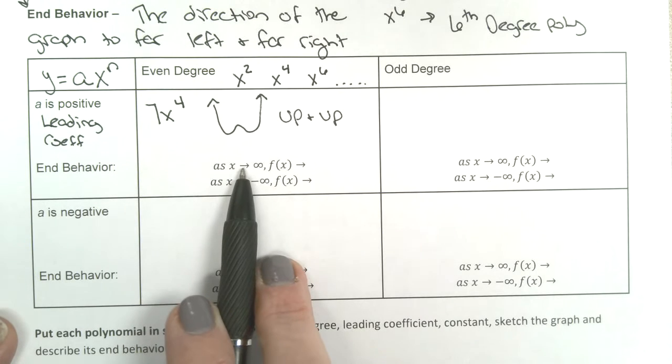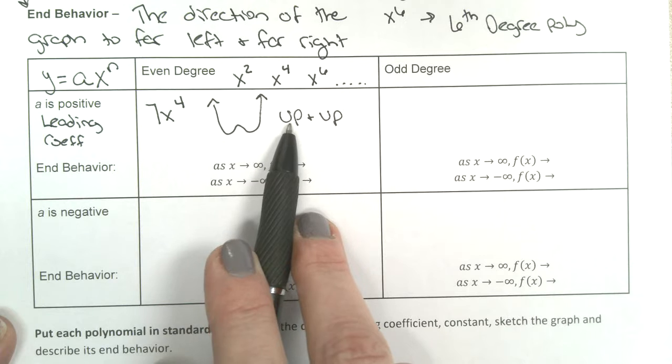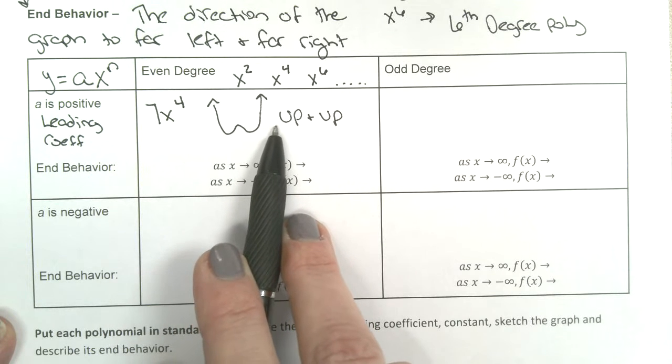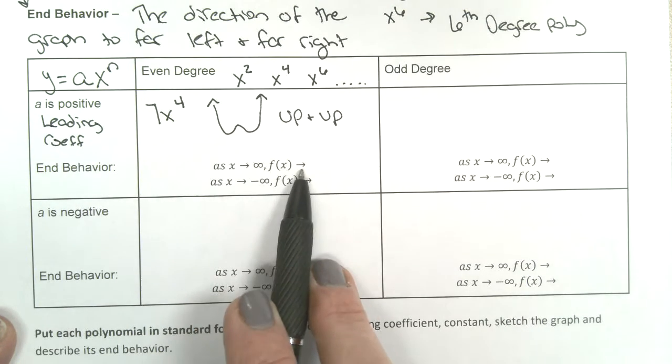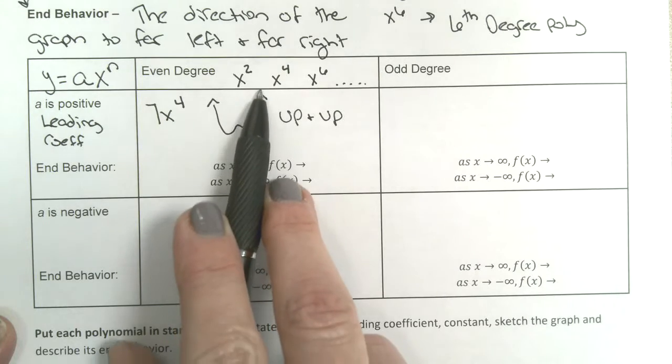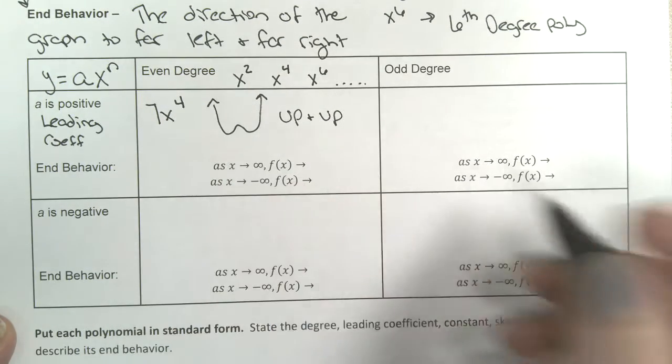This says, as x goes to infinity. So x goes to infinity means you're looking at the right-hand side of the graph. F of x, which is y, goes to where? So when I'm looking here, it's going up to positive infinity.